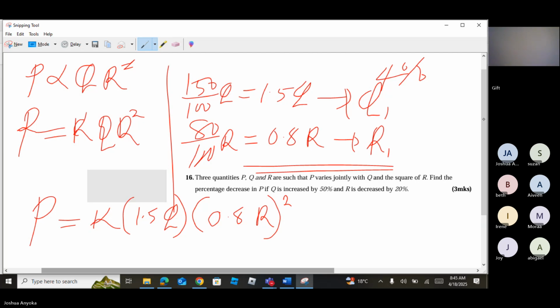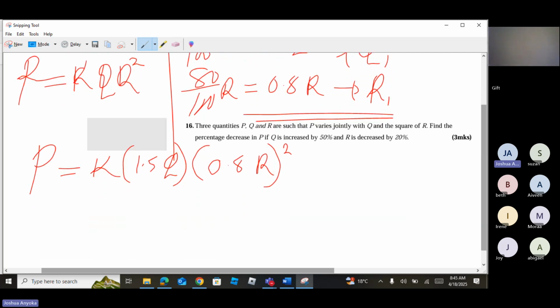Now, bringing in the effect of this, 1.5 times 0.8. This one becomes 1.5 KQ.